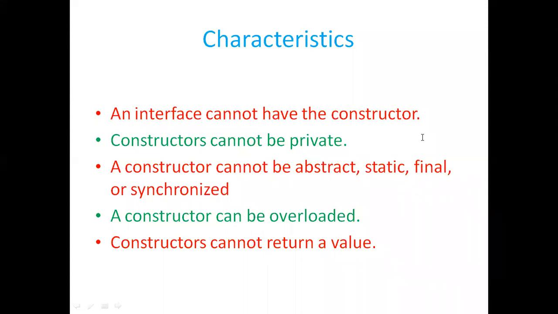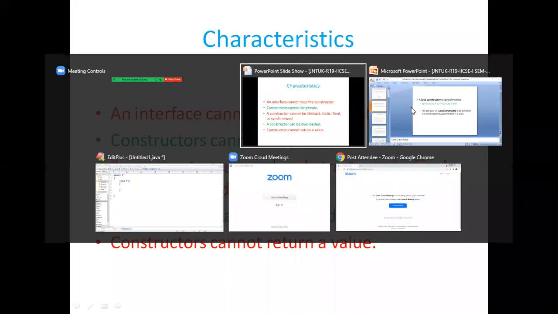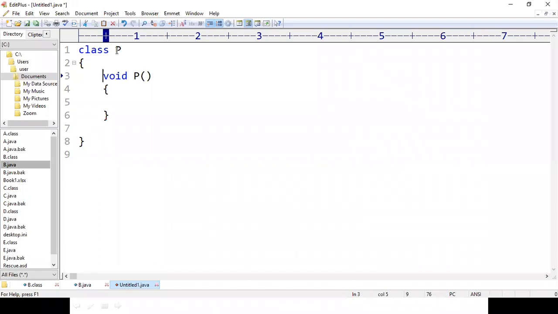So let us see here in the program. Here the name of the class is the same as the method name. So here we can have public, right? Or we can have protected, right? We can have public or protected, but we cannot use private here, right?